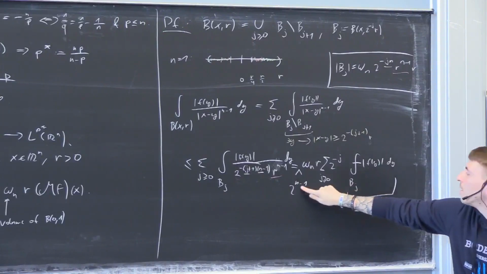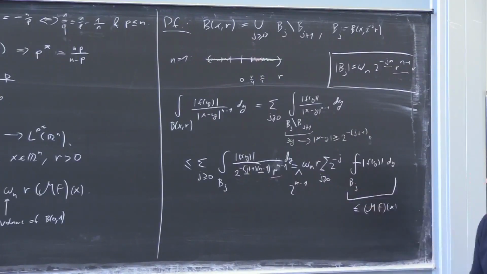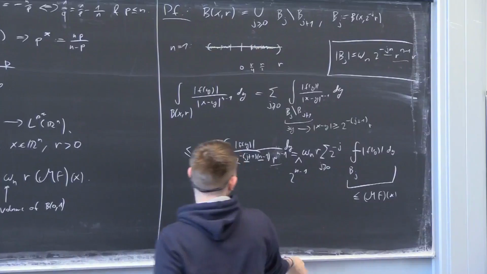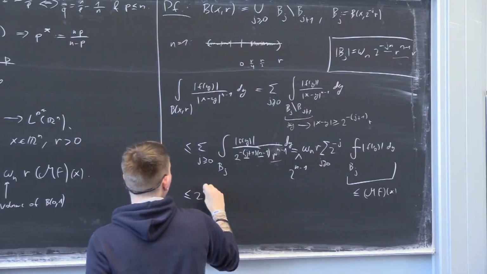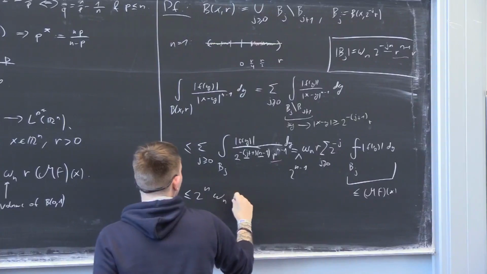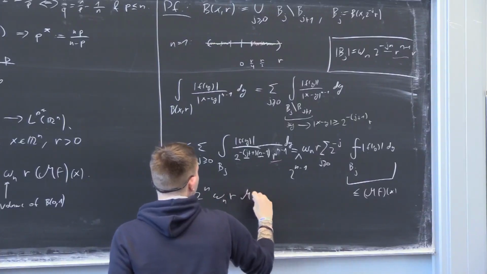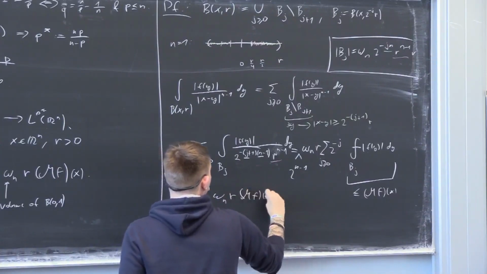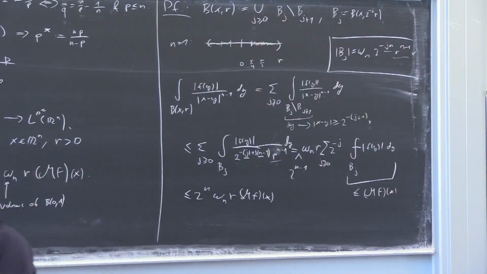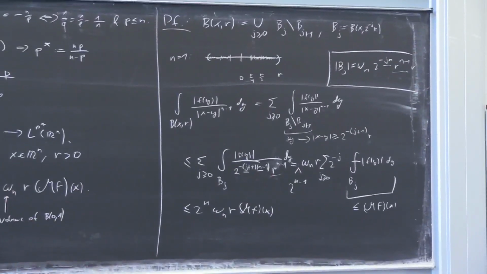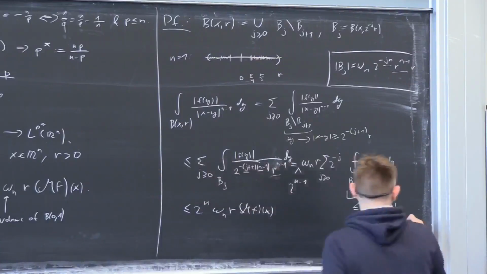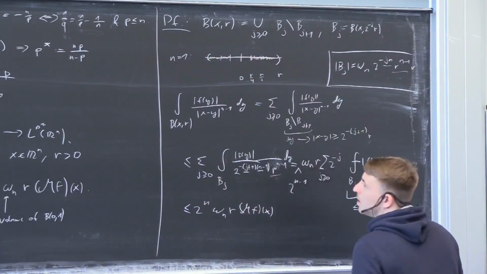So this 2 will cancel out with this 2 to the minus 1. And so in the end, I remain with 2^n wn r Mf(x). Let's compare. Was it what I claimed? 2^n wn r Mf. Check.